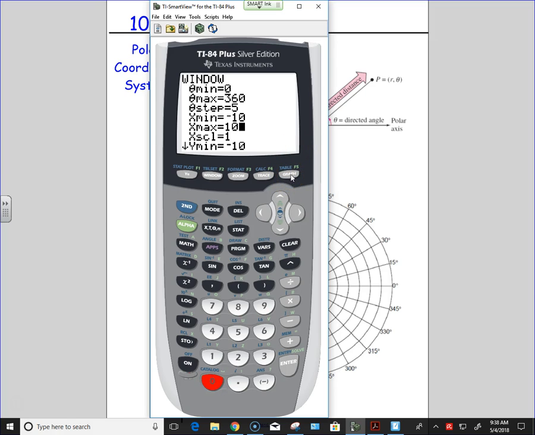And let's see if it works. What's your window at Zoom Standard? What happened? Okay, let me zoom in.